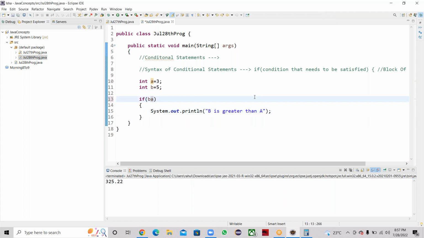Now, if I change the condition to b less than a, will this condition be satisfied, or will something else happen? It will print the same, B is greater than A. Are you sure? I'm now confused. Okay.